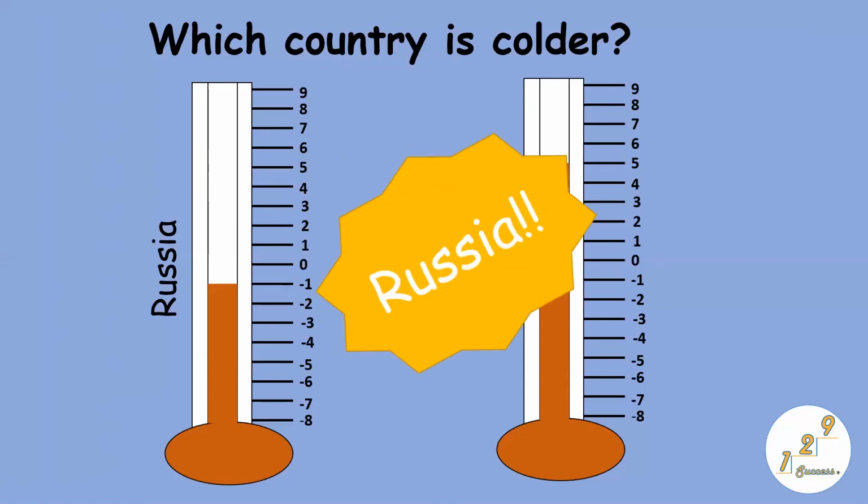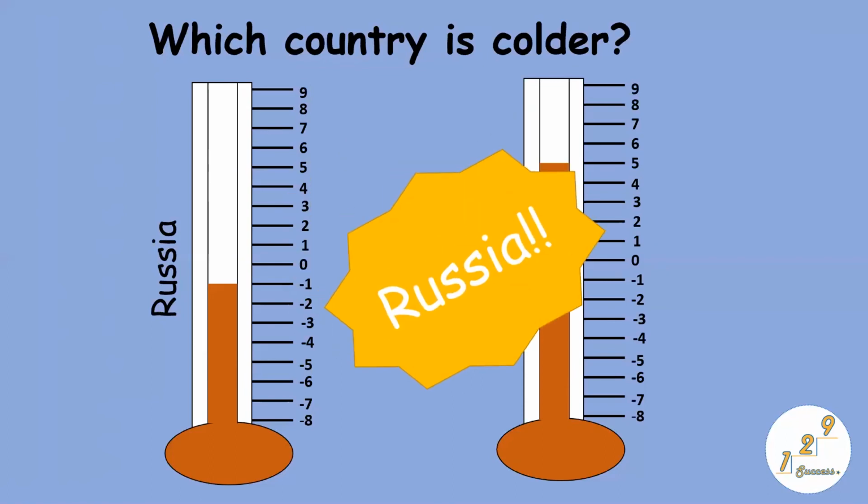The correct answer is Russia, because Russia is -1 and our other country is 5, and 5 is a bigger number than -1, and we wanted the colder number, so that's got to be the smaller number. So -1 is smaller than 5.